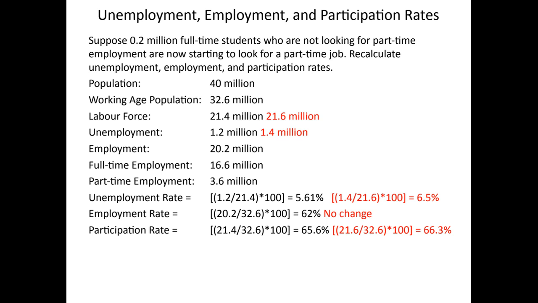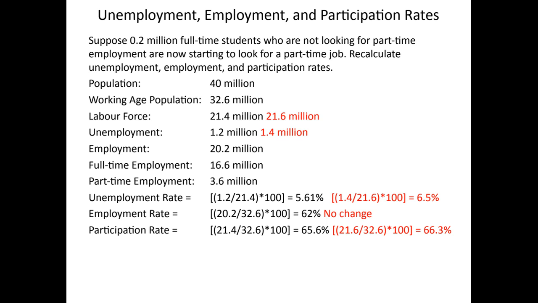Suppose 0.2 million full-time students are not looking for part-time employment. So these full-time students were not initially looking for employment. It means these 0.2 million students must be included in the not in labor force category. They are not in the labor force. Why? Because they were not looking for employment.